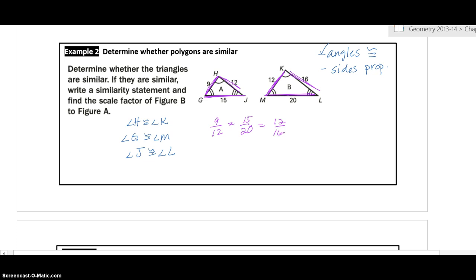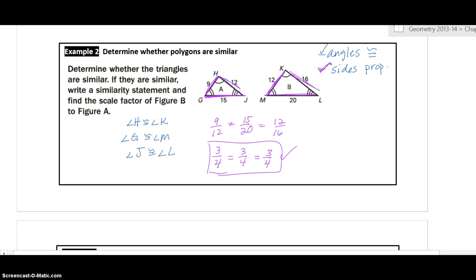We need to reduce these to make sure that they are equal. So the first one will reduce by 3, and we'll get 3/4. Here we'll reduce by 5, and we'll get 3/4. And here we'll reduce by 4 and get 3/4. Because these are all equal, the sides are proportional. So this meets the second set of criteria.